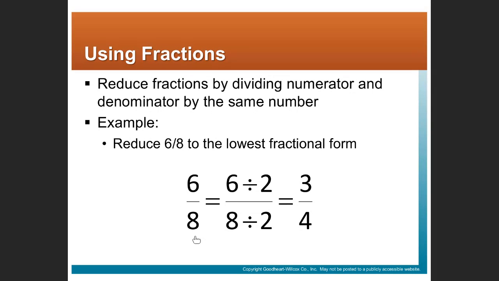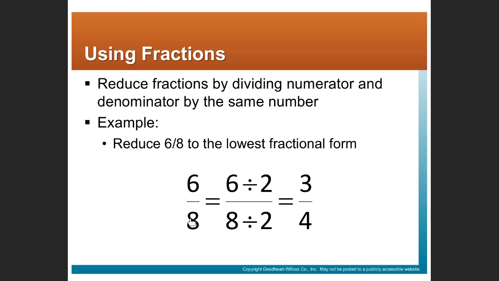Generally speaking, when we end a problem, we want to have the denominator as the lowest number possible. So if the numerator is an even number, it generally means that we can reduce the number to its lowest fractional form.